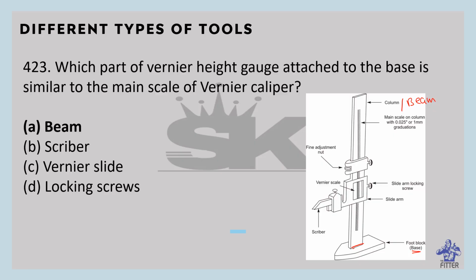Vernier slide scriber, you can see this is the scriber, scriber point. This unit slides are fixed on the beam and are carried by the vernier plate, locking screw, fine setting device, and scriber.